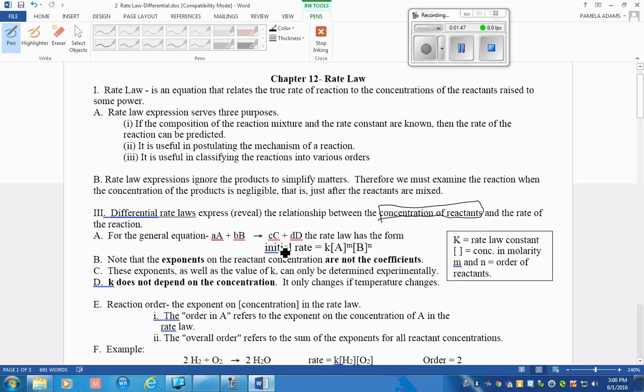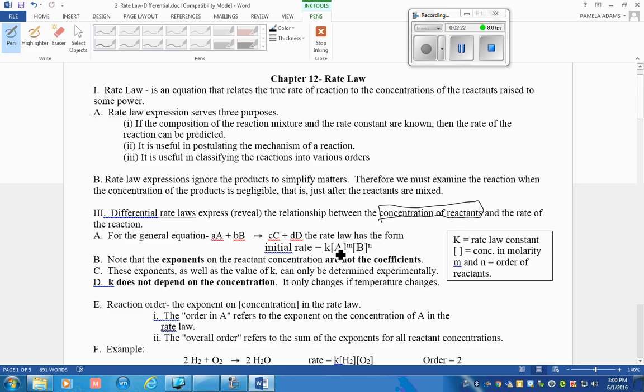The initial rate is equal to k, which is the rate law constant, times the concentration in molarity of the reactant A raised to some power that must be determined experimentally and is not the coefficient, times the concentration of B also raised to some power. We call these powers orders. Please note they are not the coefficients.